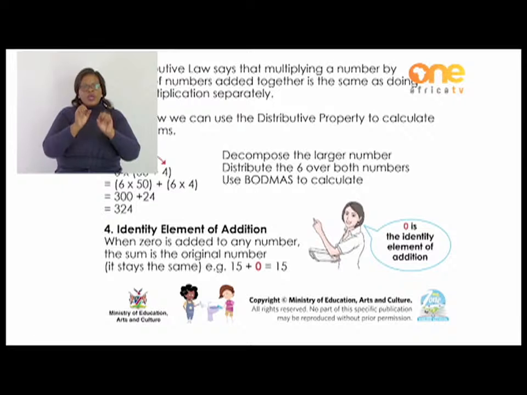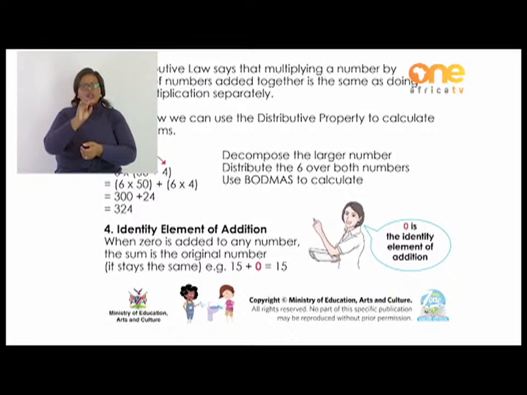I've done a video or presentation for expanding. So to expand 54, you can say 50 plus 4, and that has to be inside the brackets. And then you have to distribute 6 to 50 and 6 to 4. And you have to go on until you get the answer.